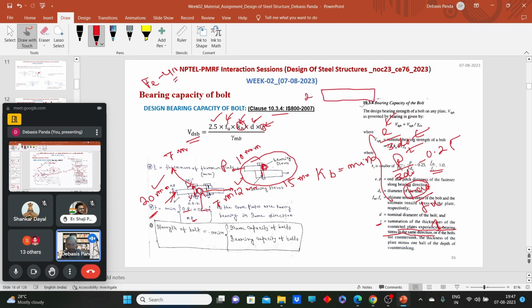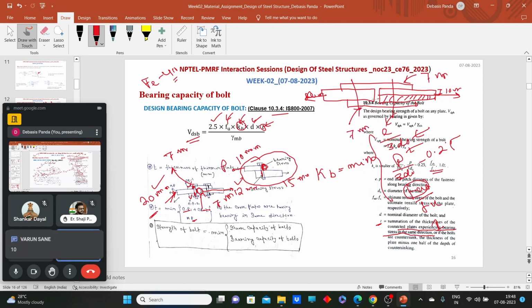We have 20 mm, and on the other side a 10 mm main plate and a 10 mm packing plate, and we make the joint using a double cover butt joint, with bolts placed here. And the cover plates are 7 mm and 7 mm.